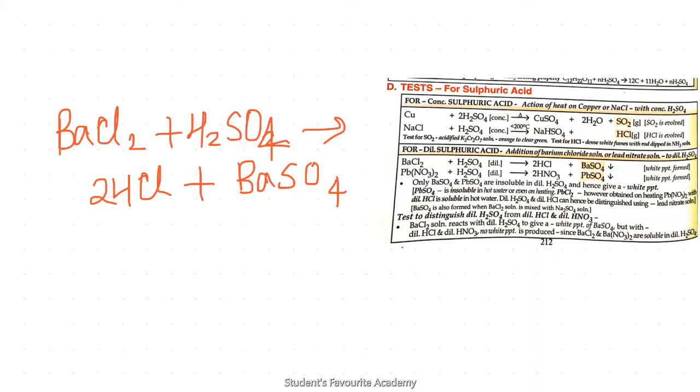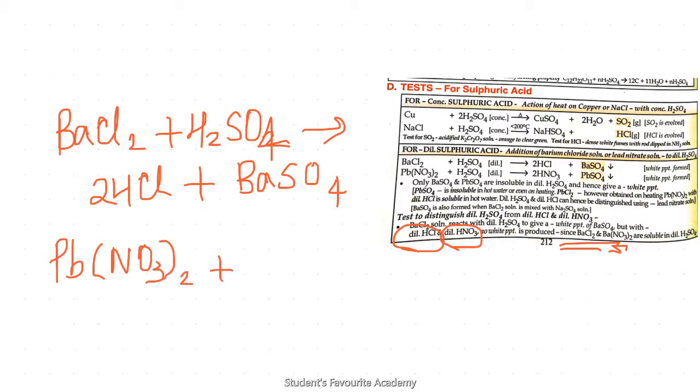With dilute HCl or dilute HNO3, whatever chloride or nitrate form is formed is soluble, so no such precipitate is formed. So if you are getting the precipitate, it means BaSO4 has been formed.